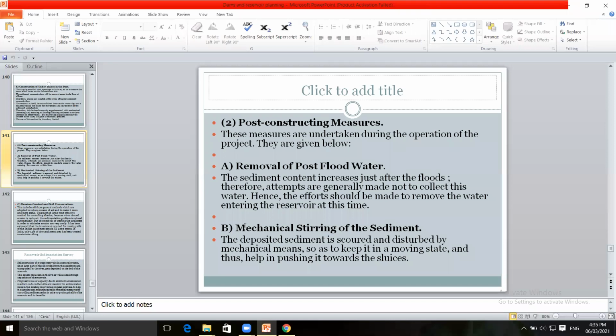Then when it gets stable, the larger particles, due to gravitational force, may settle down. So these particles get scoured and disturbed with the help of mechanical means.